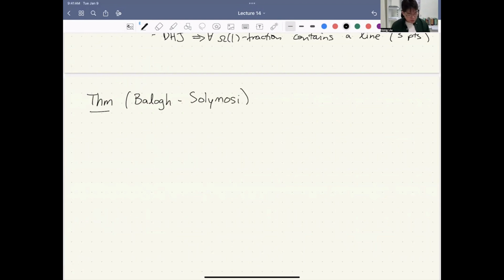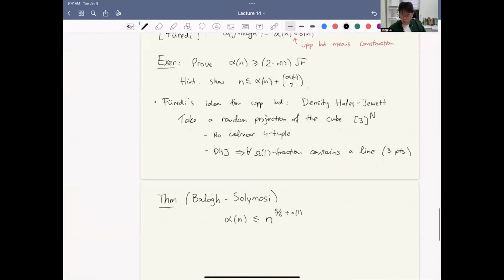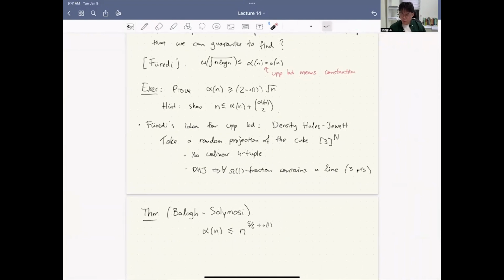They prove that when n is large, alpha n is at most n to the 5/6 plus little o(1). So this is really a big improvement. Before, we only knew it's just barely sublinear. There's no hope of proving anything like n to the 0.99 using density Hales–Jewett. And so here, using containers, we can go all the way down to 5/6.